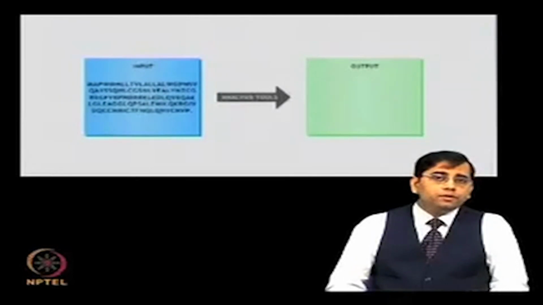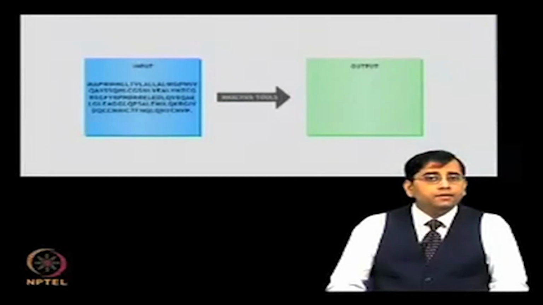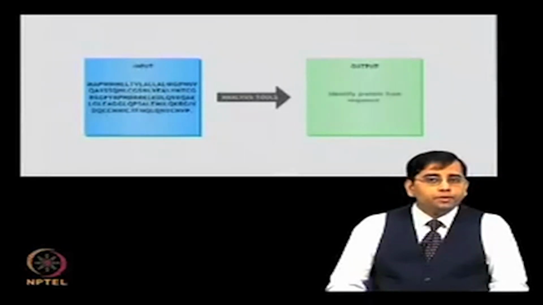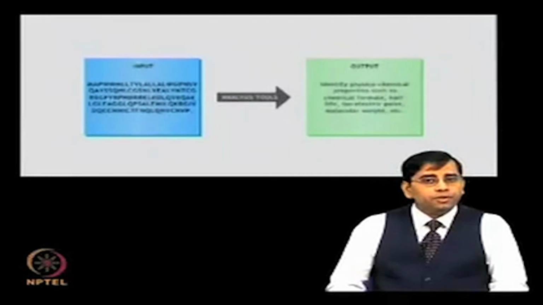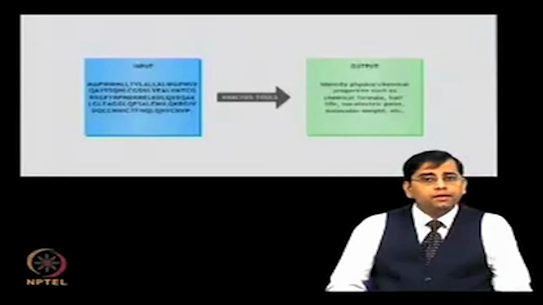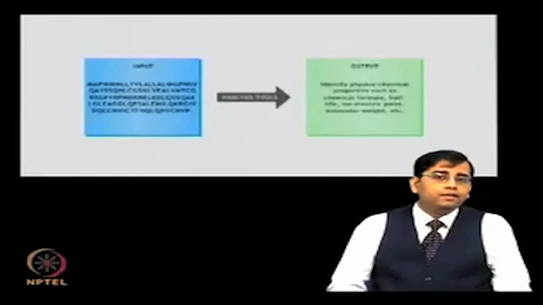Various kinds of results output can be obtained: identity of protein from sequence, physicochemical properties, molecular weight, isoelectric point, sequence tag information. Similarly, search algorithms such as versions of BLAST, FASTA and multiple sequence alignment.